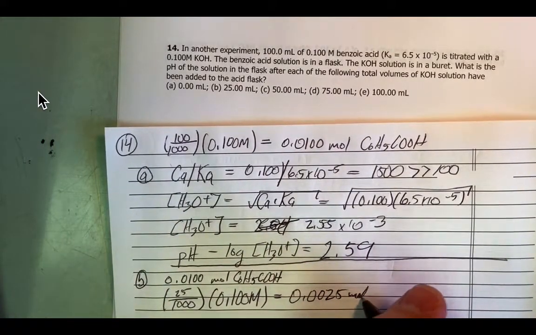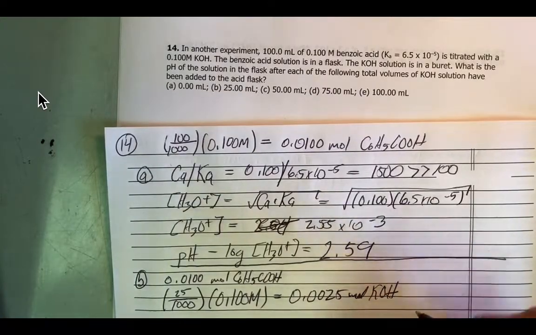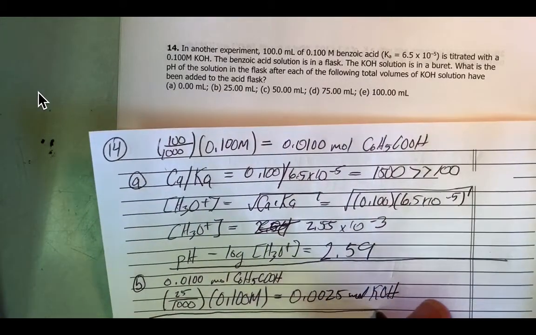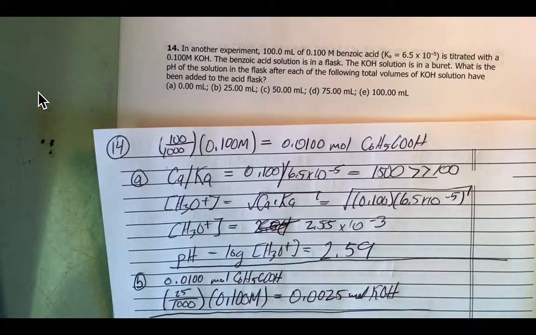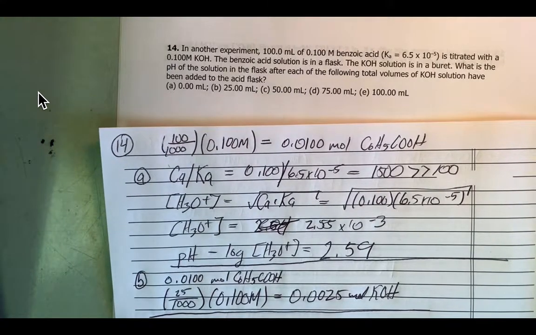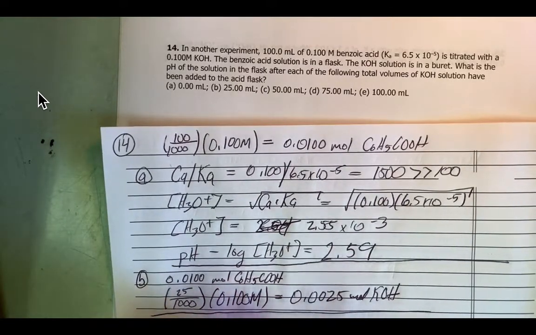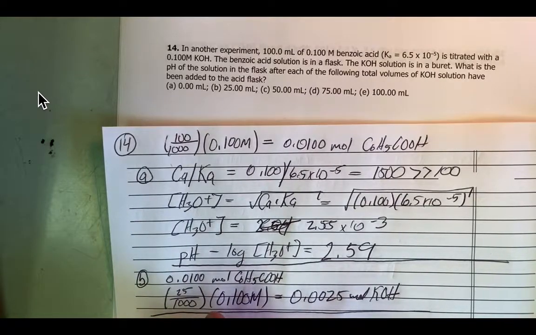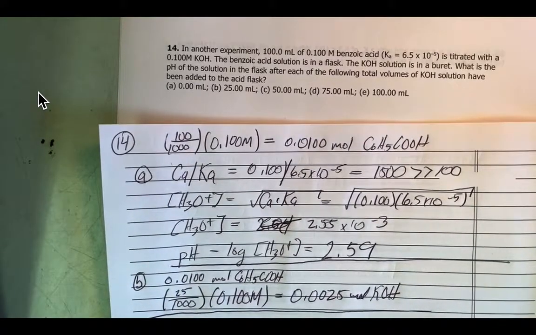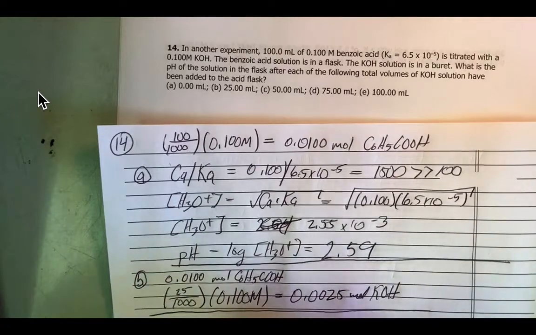That's 0.0025 moles of KOH. Okay, so here's where the weird part of this comes in, because as I had said at the beginning, this self-buffers, and so the first part's going to look like something you've seen before. 0.0100 minus 0.0025 is 0.0075 moles of the acid. Okay, so we destroyed 25% of the acid.